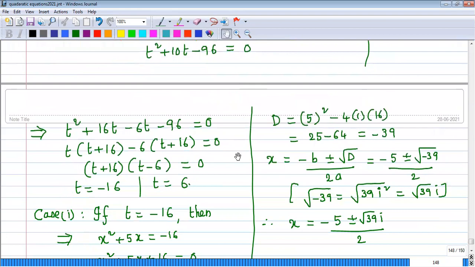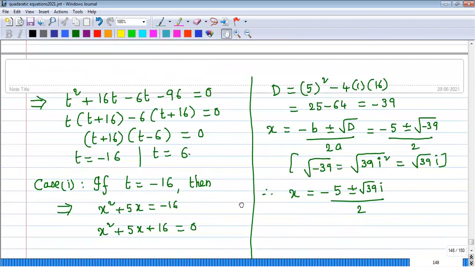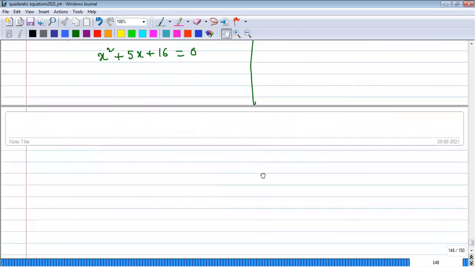See, what are the t values here? Where 6 we have. So x square plus 5x is equal to 6 we need to consider. That is case 2.